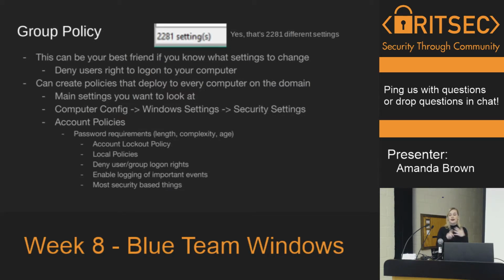You can enable logging of important events. Logging is super useful in Windows. It is kind of hard to get a grasp on initially, but once you figure it out, you can be golden in your competition. And group policy will pretty much allow you to deploy anything security-based.